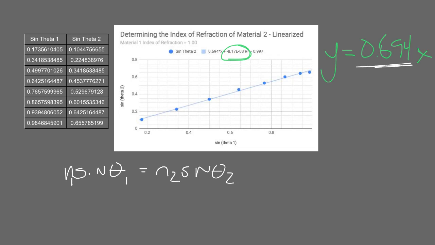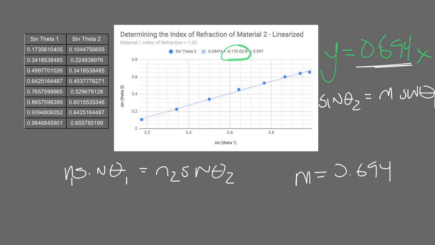So what I'm going to do is, okay, well, what did I graph on my y? On my y, I graphed sine theta 2 equals m. And then what did I graph on my x? Sine theta 1. Right? And so if I look at that then, m equals 0.694.